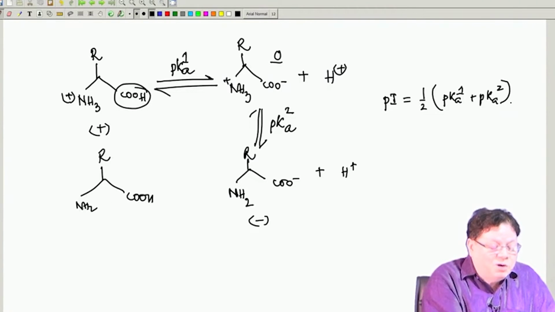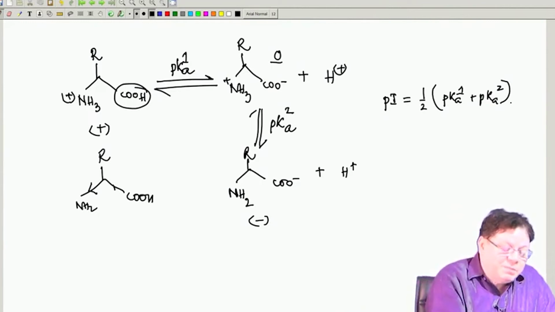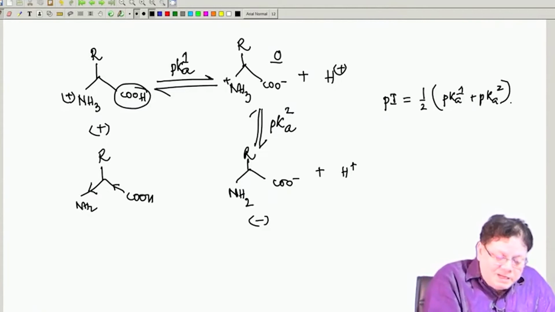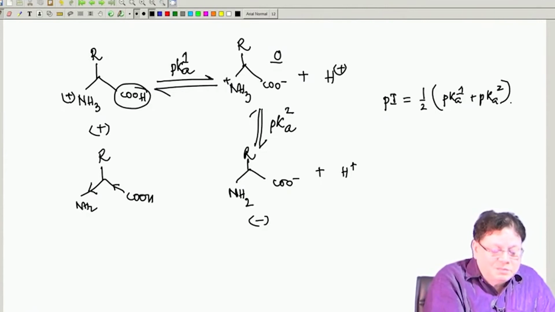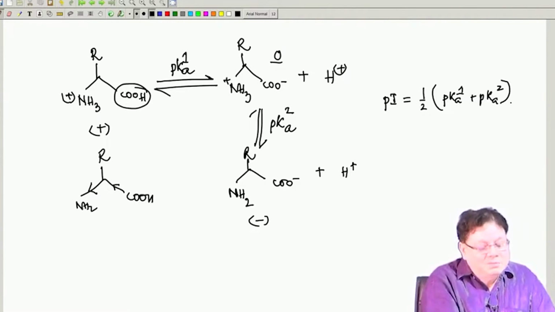Now, nitrogen is more electronegative than carbon. So, now there will be an inductive effect on this side. If there is an inductive effect on this side, that will be transmitted to the second bond, and that means there is electron withdrawal. This carbon is trying to pull electrons from this carbon, and what happens?